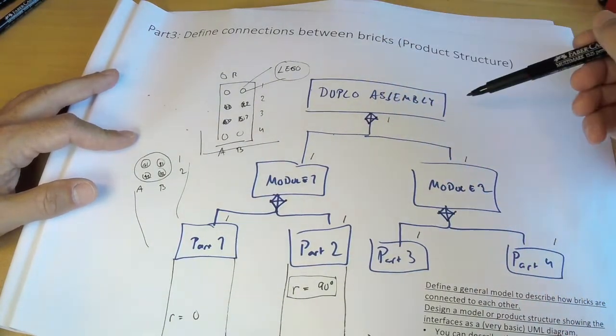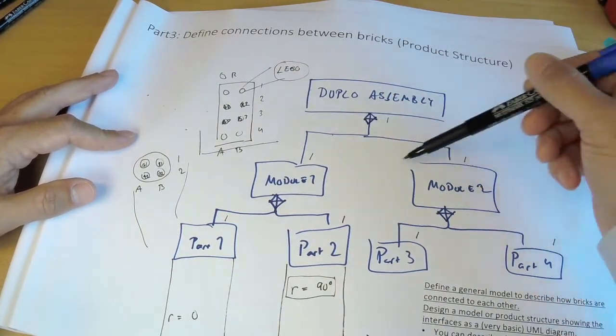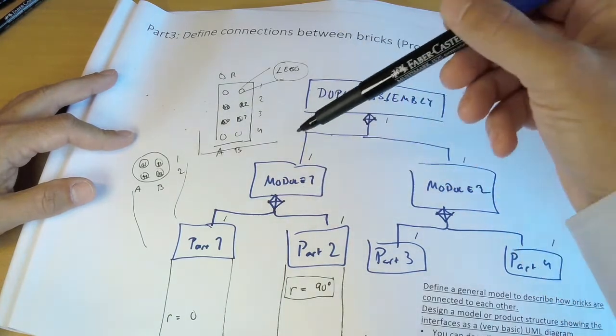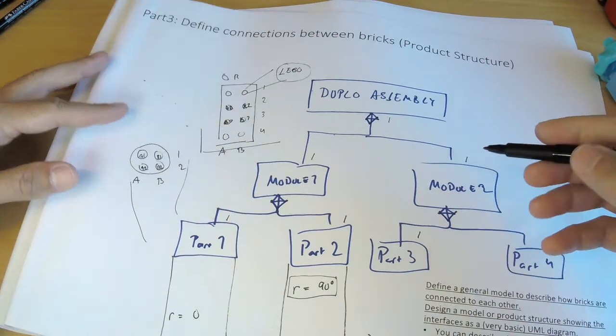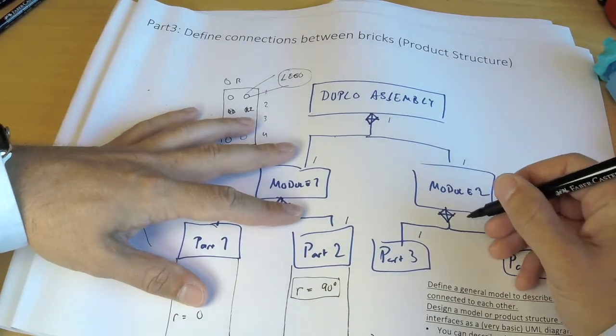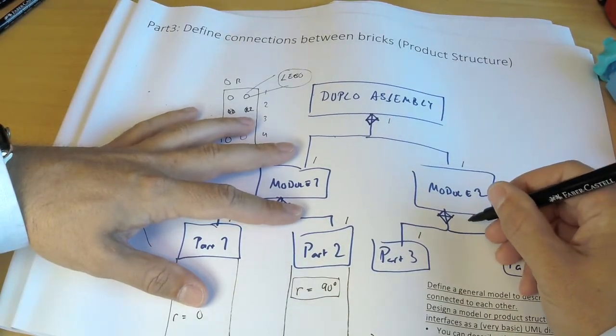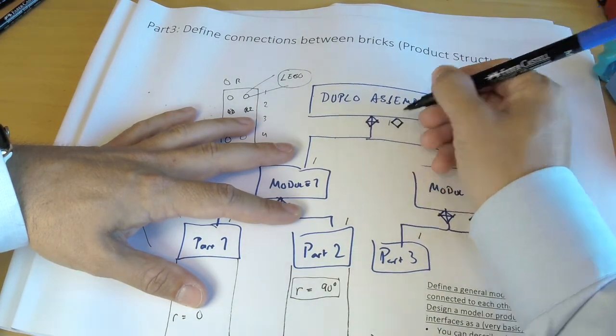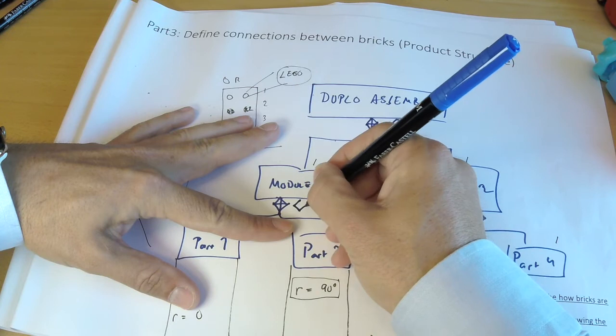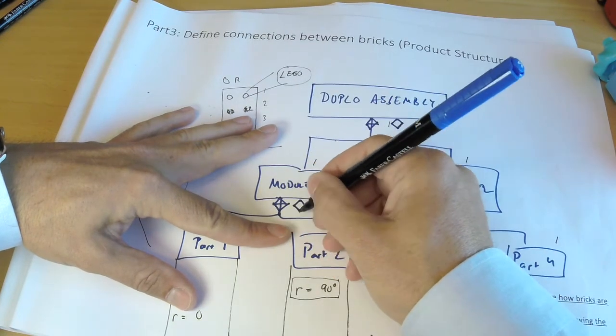So the whole duple assembly consists of two parts, module 2 and module 1. Module 1 on the other part consists of two parts, part 1 and part 2. So it should have been the open diamond like this. So make sure that you do that.